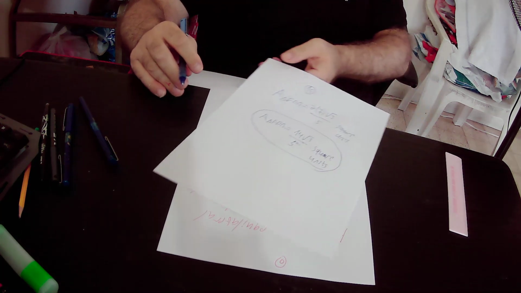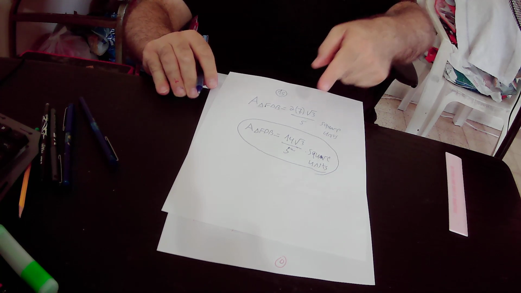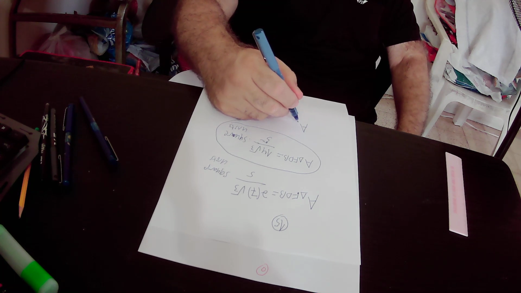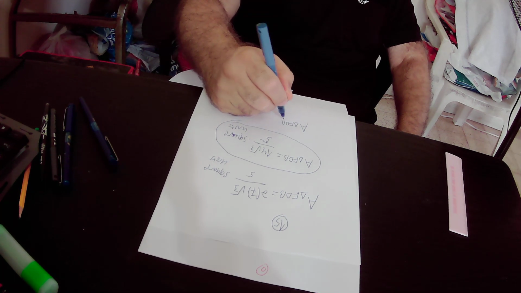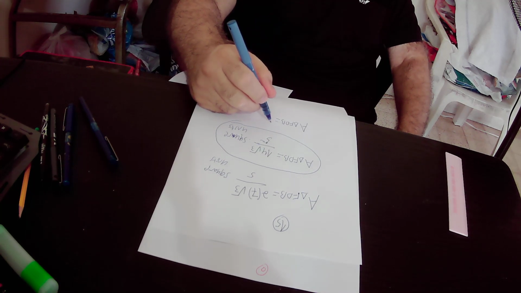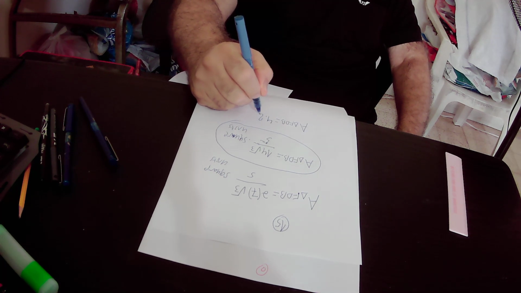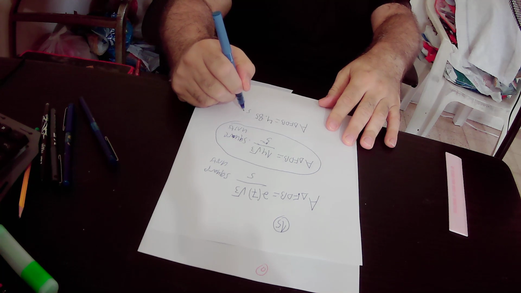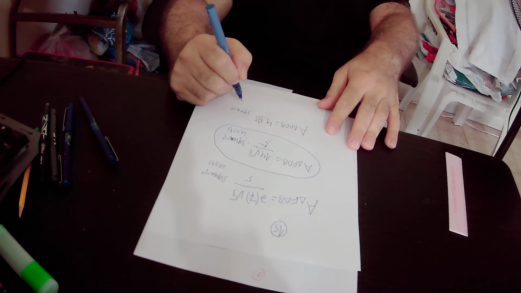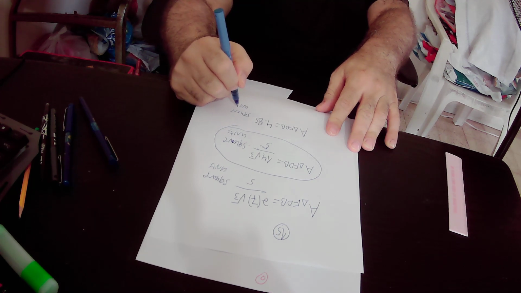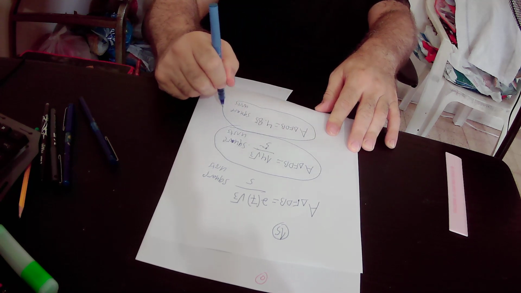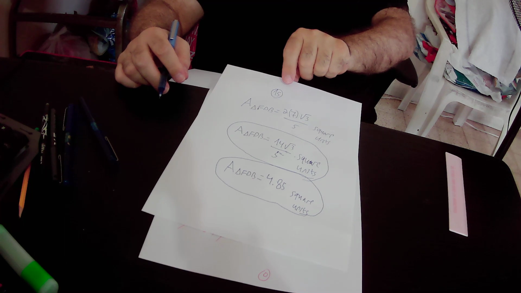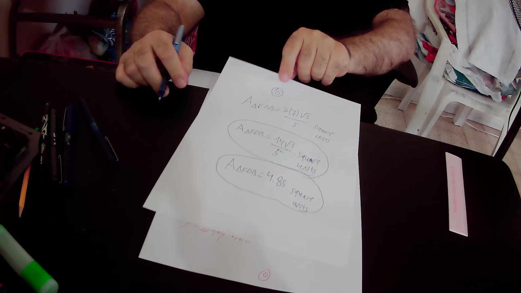Again, the area of the green triangle FDB equals 14 times root 3 over 5 square units, or in terms of numbers, the area of the green triangle FDB equals 4.85 square units.